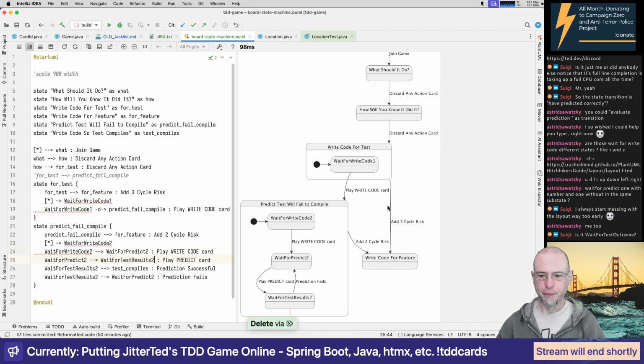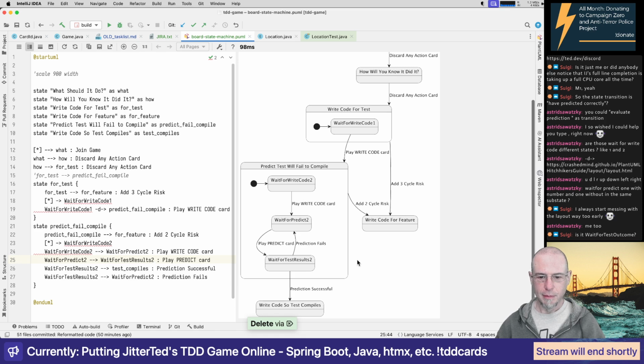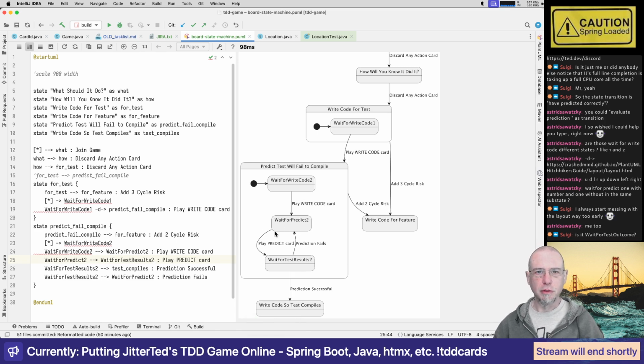There we go. So there's this sort of loop here: you wait to play a predict card, you play the predict card, you wait for the test results.